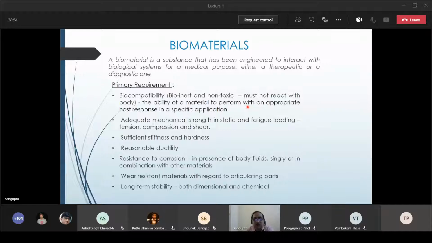Now let us come to biomaterials. A biomaterial is, of course, a substance that is engineered to interact with a biological system for medical purposes, to solve medical problems. Now, the primary requirement is biocompatibility. That is, it must be bio-inert.